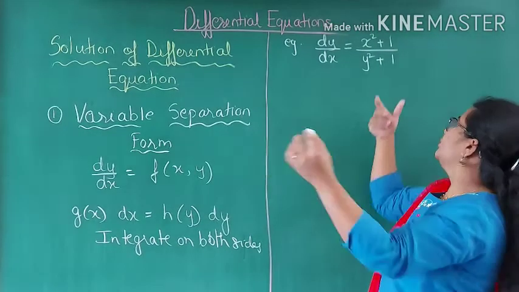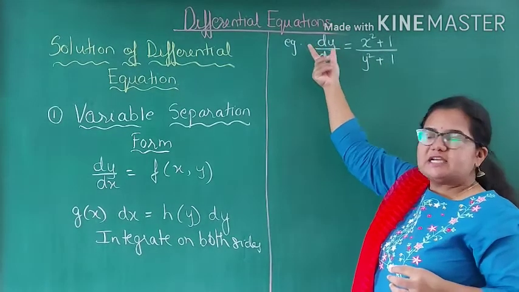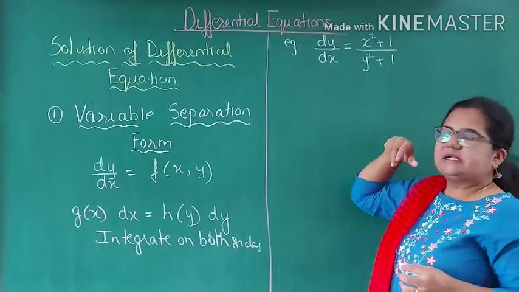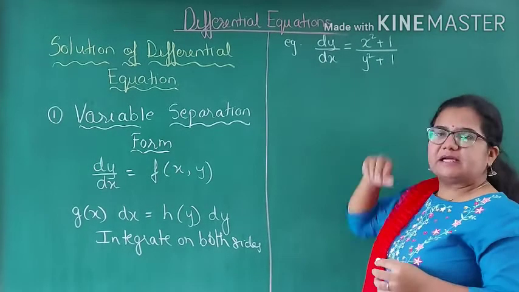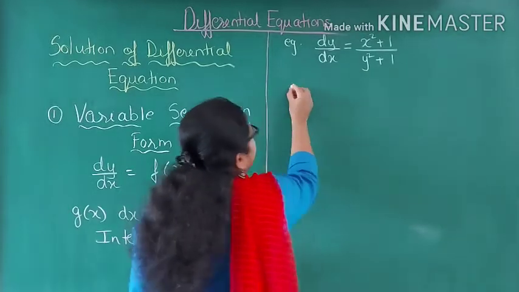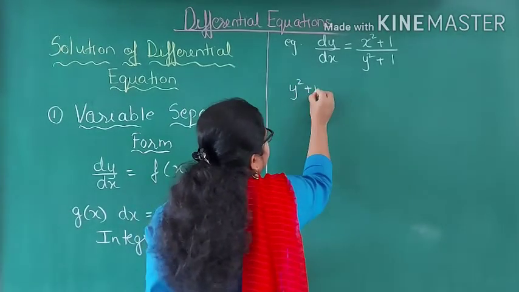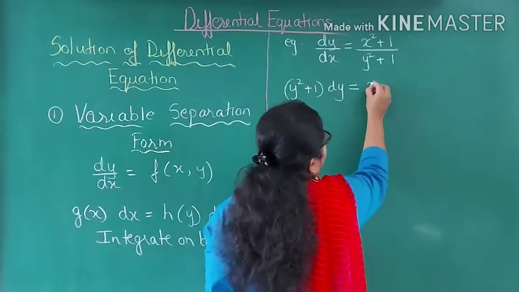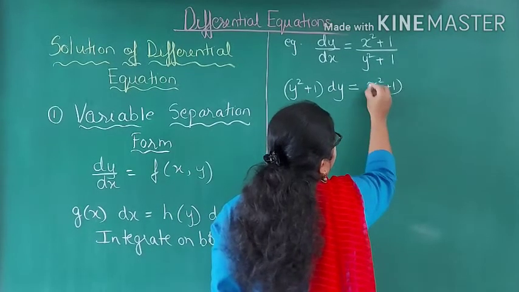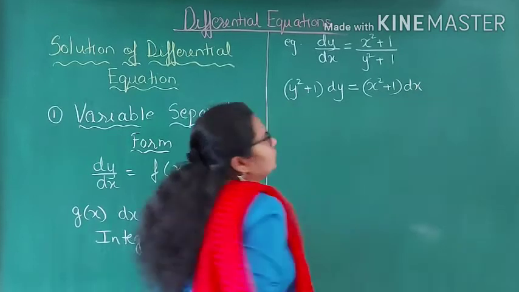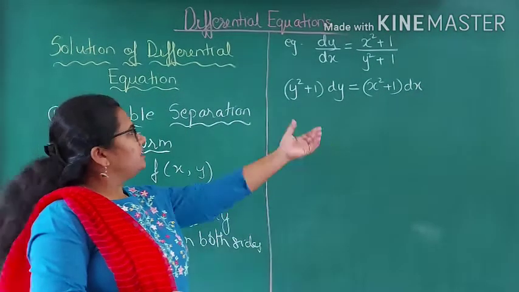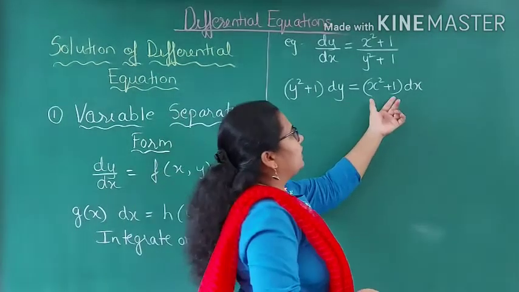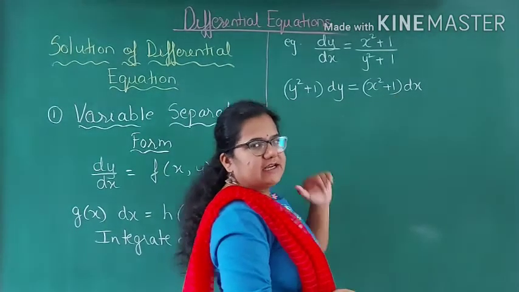The differential dy is present. So if you want to take dx in the numerator, you have to cross multiply. So simply cross multiply the denominator. This will become (y square plus 1) into dy is equal to (x square plus 1) into dx. So you can see we have separated the variables here. Here only variable y with dy differential and here only variable x with dx differential.